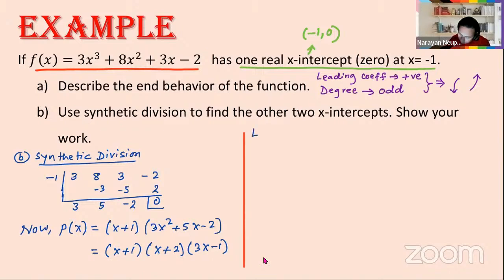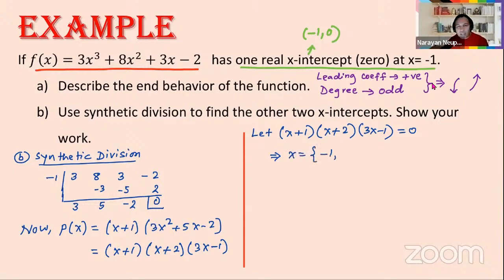So let x plus 1, x plus 2, 3x minus 1 equal to 0. And the way we solve this is we equate each factor to 0. From the first one, x equals -1, which was already given.